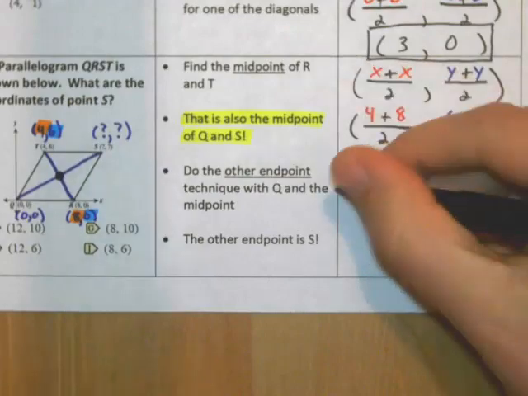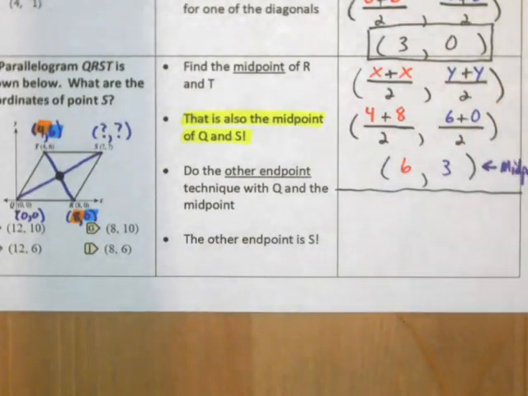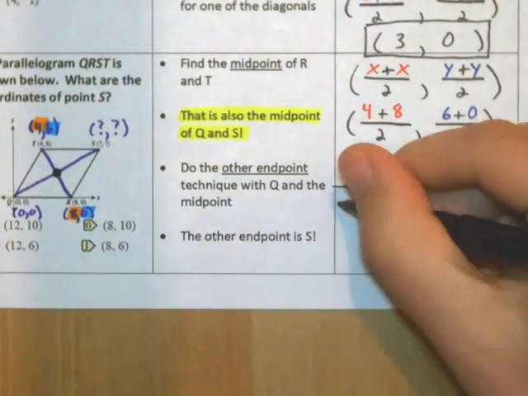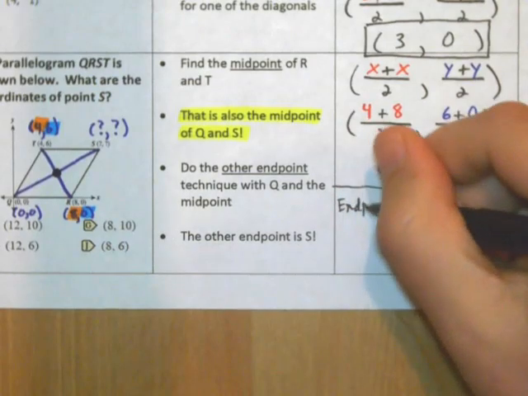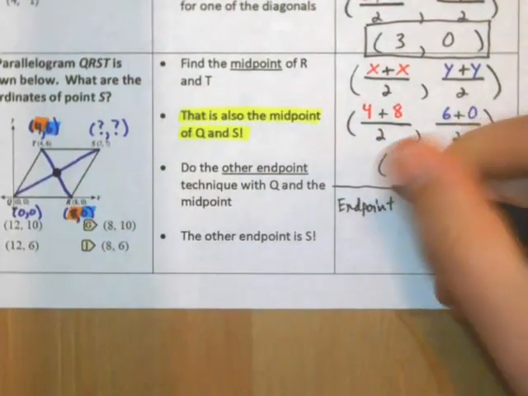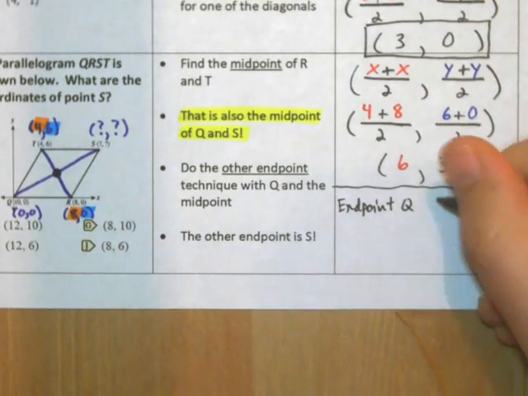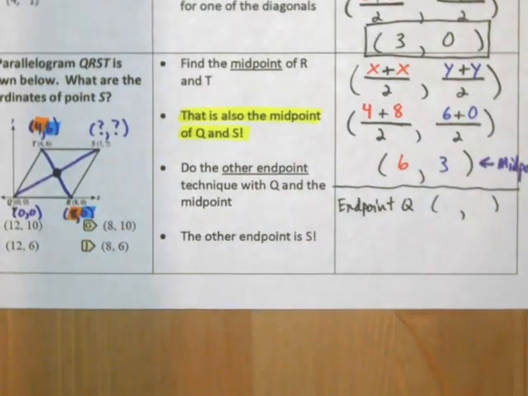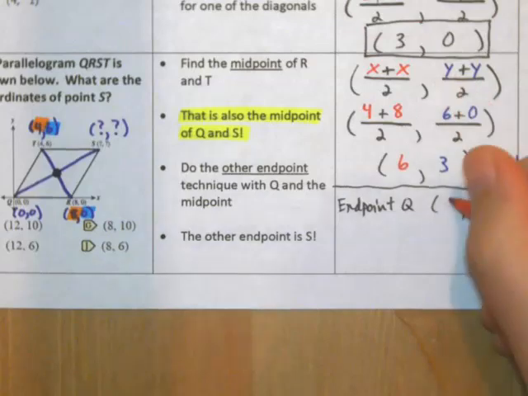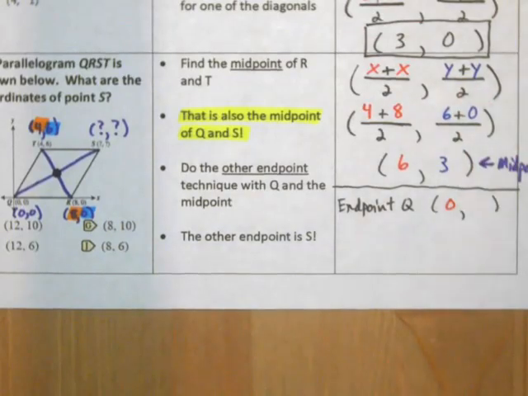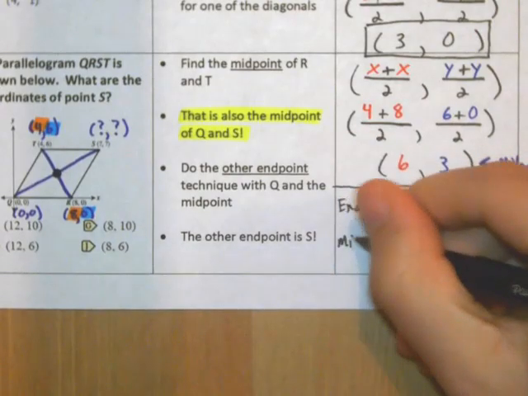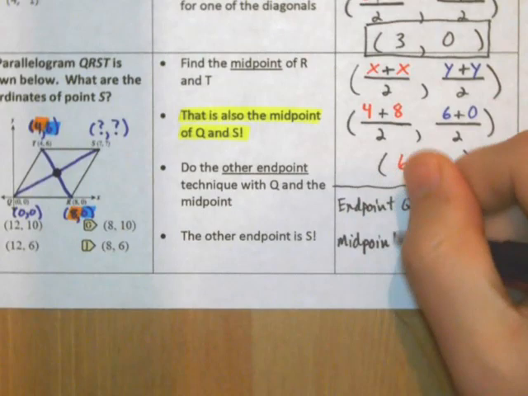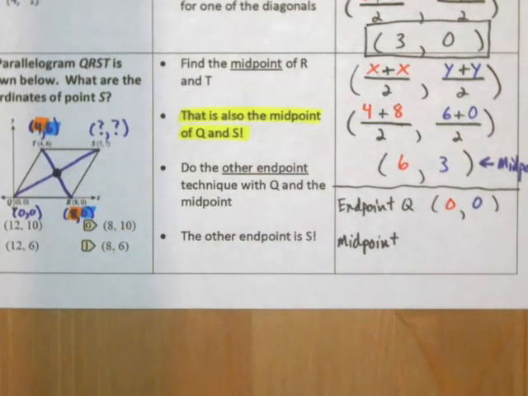So here's how I'm going to set up the other endpoint technique. I'm going to write down endpoint Q and its coordinates, 0, 0. And I'm going to leave a little bit of space and then write midpoint.